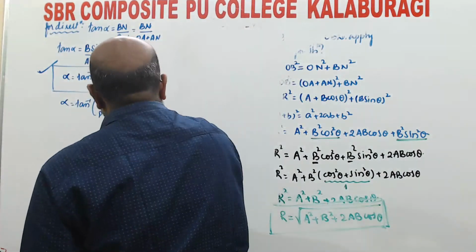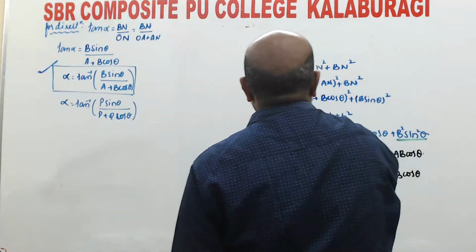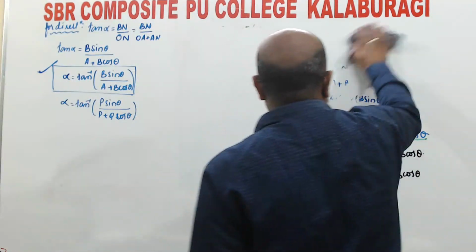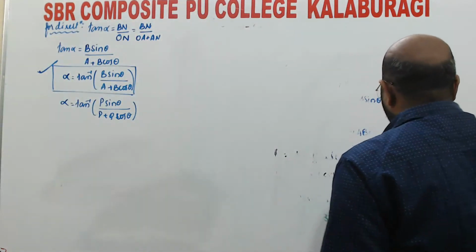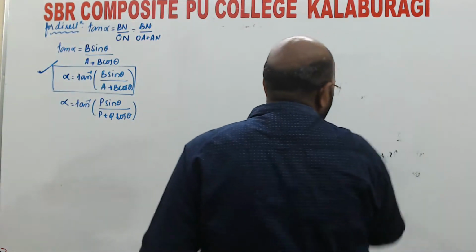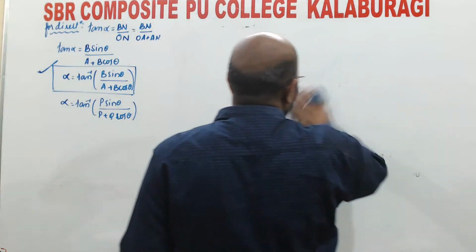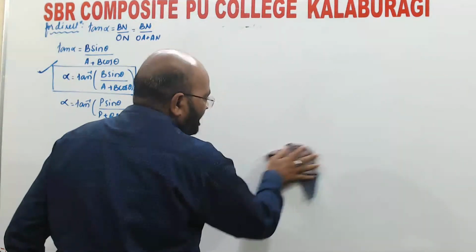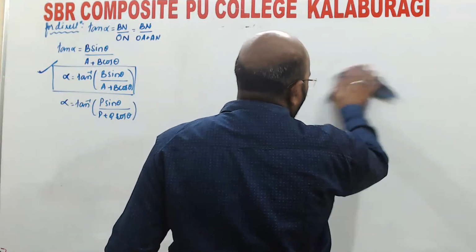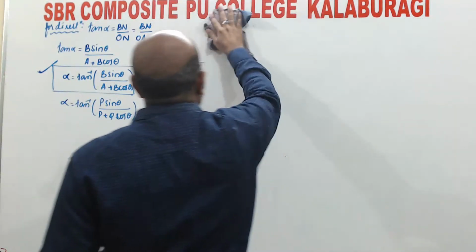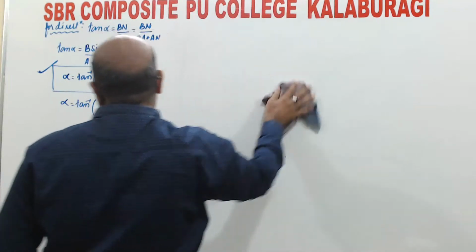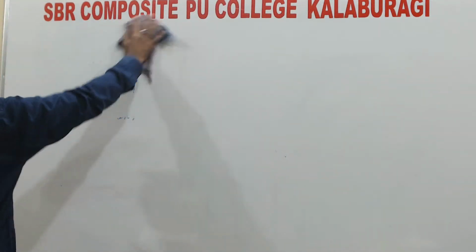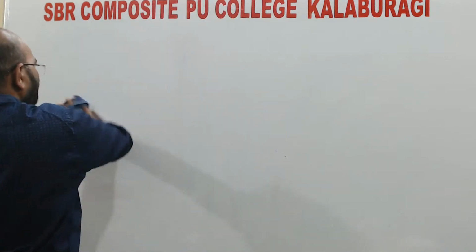Then this condition is applied to find the corresponding magnitude and direction of the two vectors. Another condition is if they are anti-parallel, moving opposite to each other. Then theta is 180 degrees. There are two conditions obtained there.